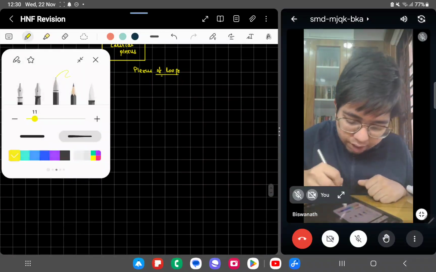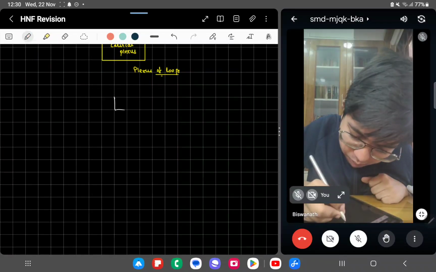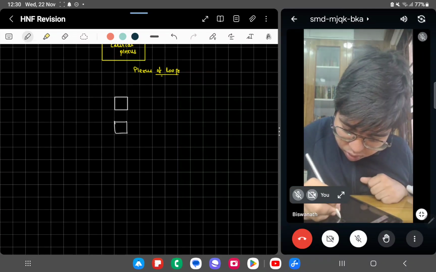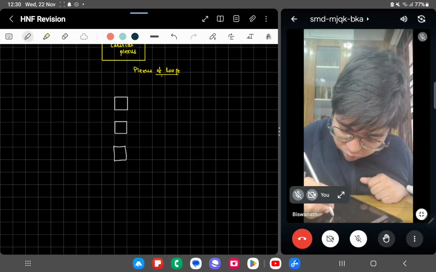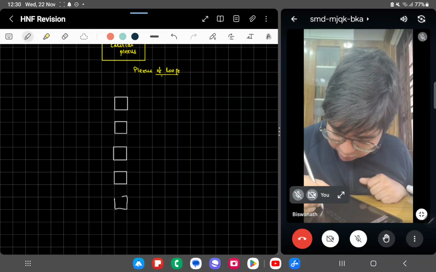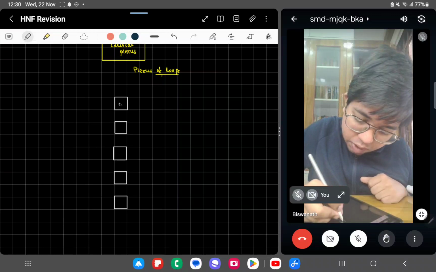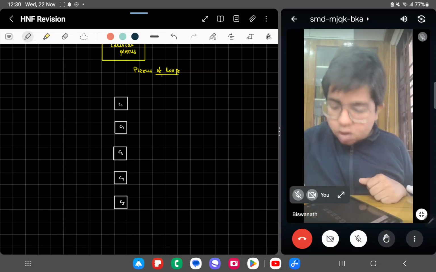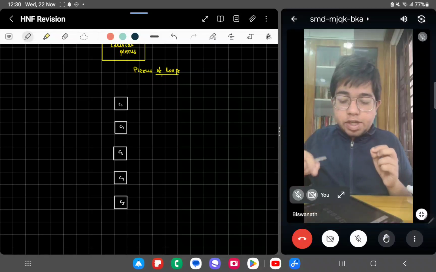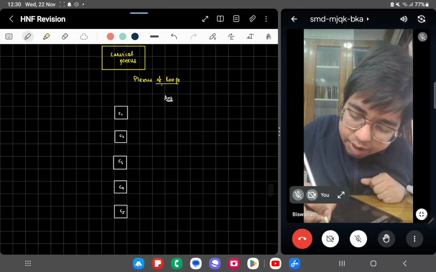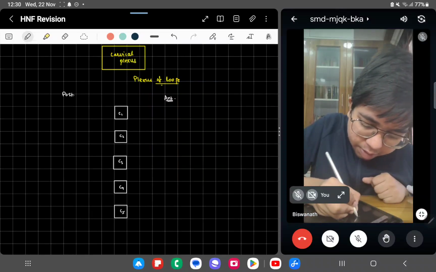Let's draw the vertebrae here. C1, C2, C3, C4, and C5. First, this is your anterior side. The anterior branches will occur here, and here your posterior branches will arise.